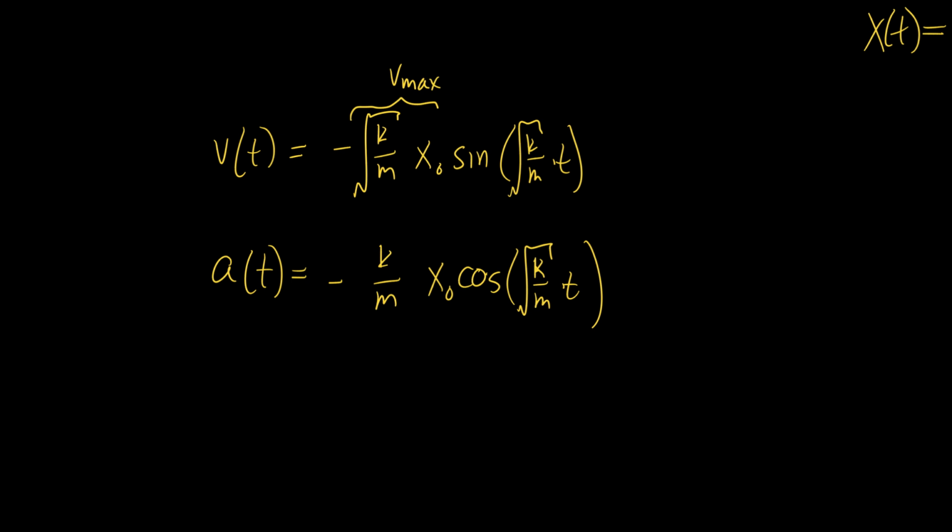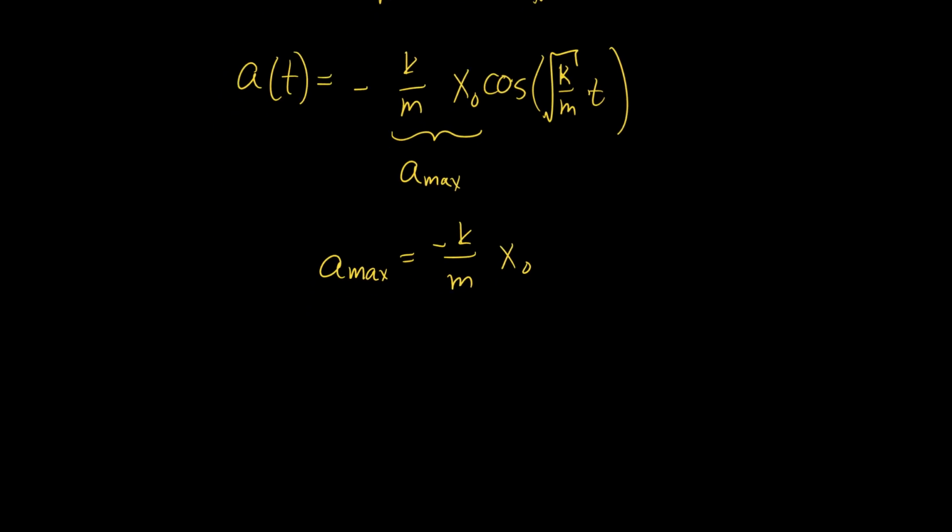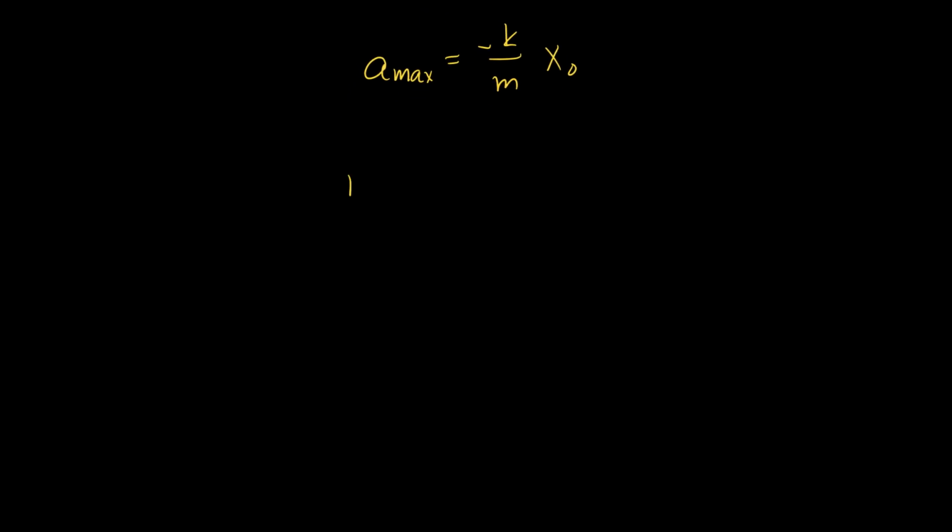In fact, if I apply that logic here, this has to be a max, right? Now, this one we already knew. I want you to think about it. Didn't we already know that one?